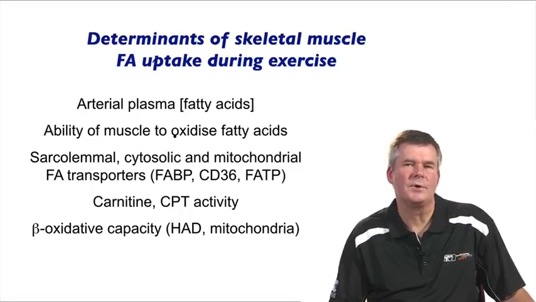As I mentioned earlier, the process of beta oxidation involves converting fatty acyl-CoAs to acetyl-CoA, and there's a key enzyme called HAD found in the mitochondria, and the amount of that you have will determine how much you can oxidize the fatty acids.